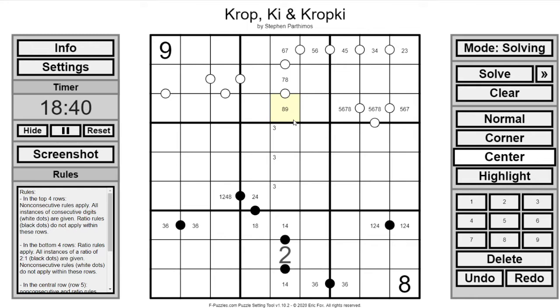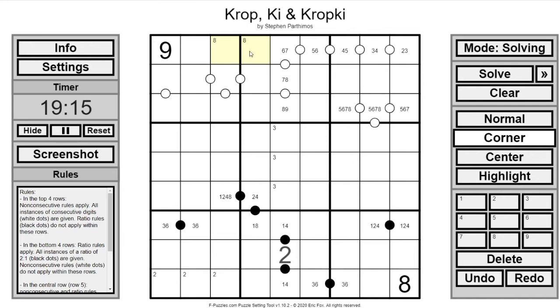Anyways, what can I do with this 2 now? Well, I know where 2 goes here. Oh, shoot. Which means I can get 2 down here. And I know 8 has to be in one of these spots, which is weird to notate, but it's true.